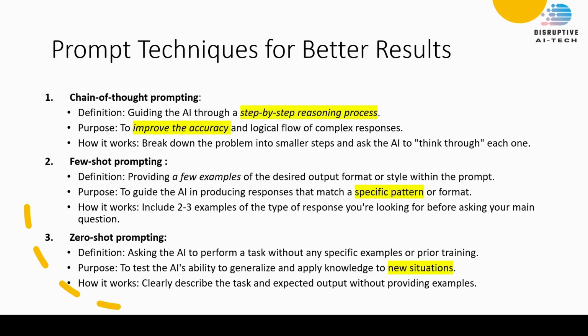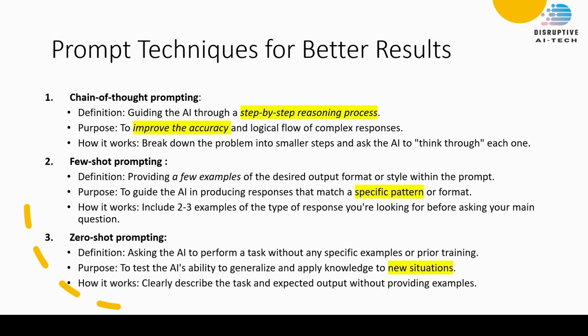Second is few shot prompting. This is very important. Many people are using it to give a style to the answers. If I want the answers to be in my writing style or in anybody else's writing style, we can give examples.